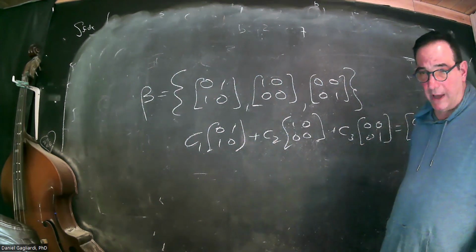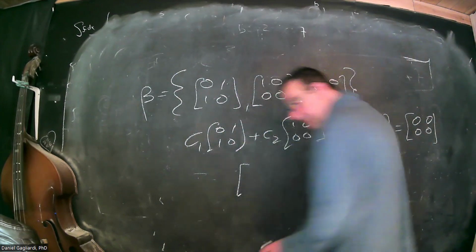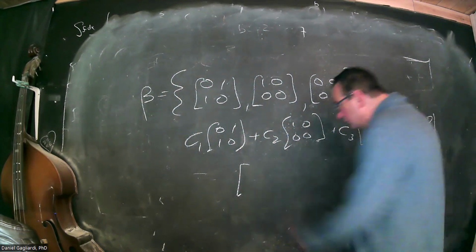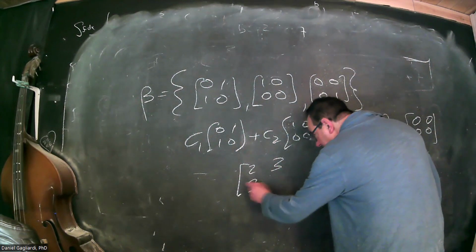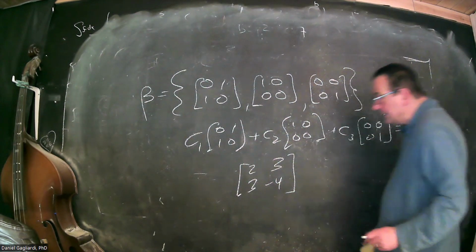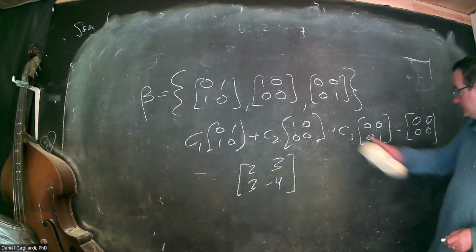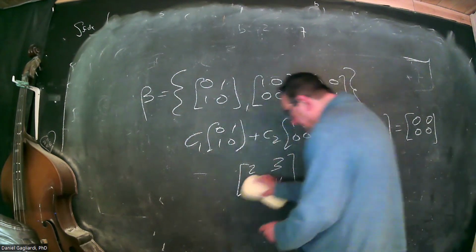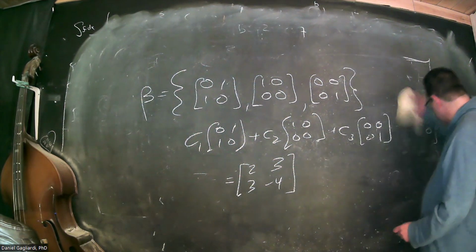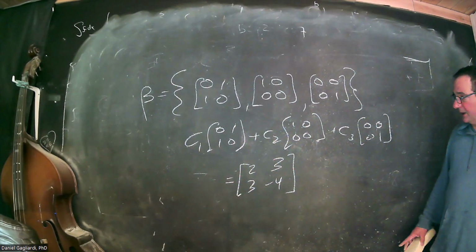So let's pick a random element of that space. How about the vector, I'll use quotation marks again, [2 3; 3 -4]? Now, it's pretty easy to see that we can get constants C1, C2, C3 to equal this matrix. I'll erase the zero matrix here, and then we can use the same linear combination.